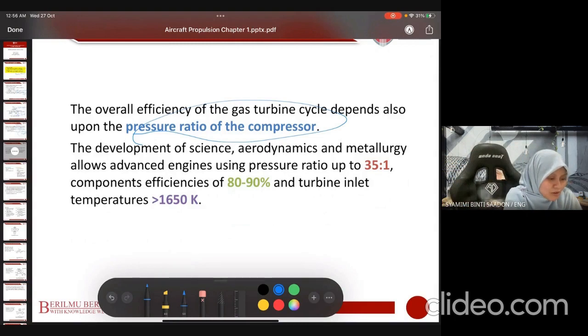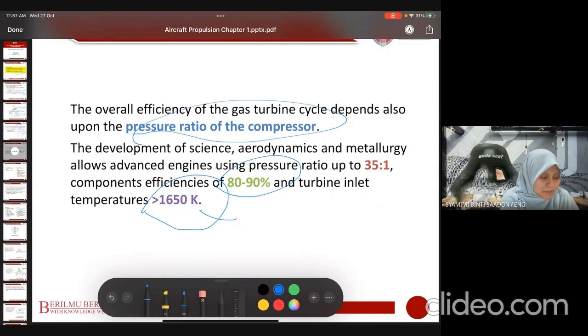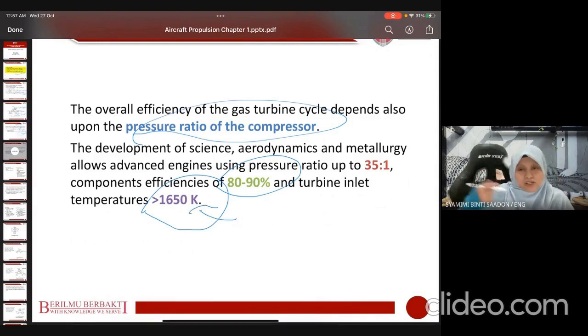The development of some aerodynamic, advanced engines uses pressure ratio up to 35 over 1, component efficiency of 80 to 90%, and turbine inlet temperature more than 1650 Kelvin. So it can go up until this. But there are always more and more studies.